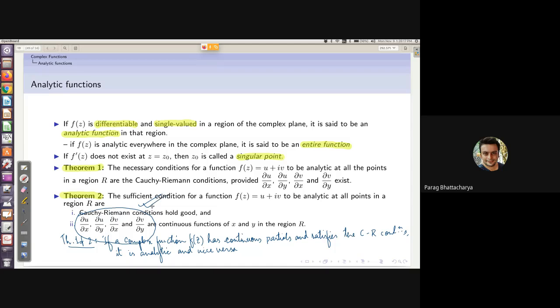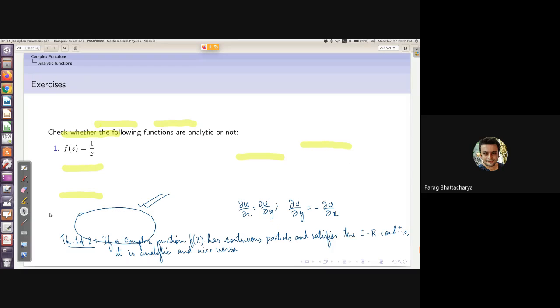So the most important thing over here is the Cauchy-Riemann conditions for the analytic function: the first condition is dou u by dou x is equal to dou v by dou y, and the second condition is dou u by dou y is equal to minus dou v by dou x. I think I have some problems here. Yes, we can do some problems to understand this better.